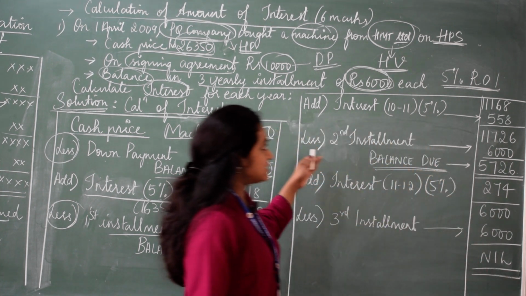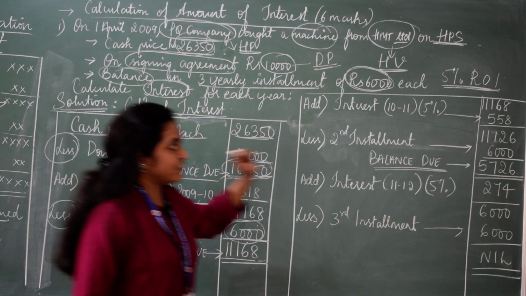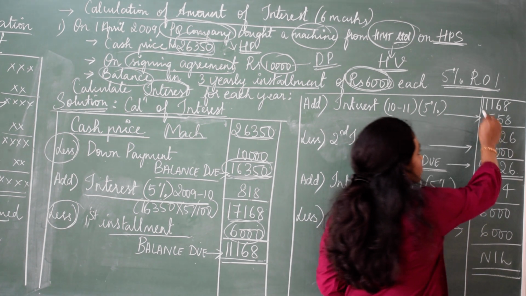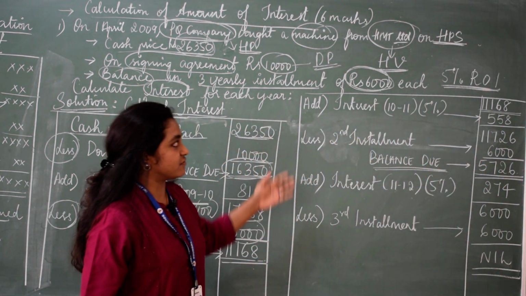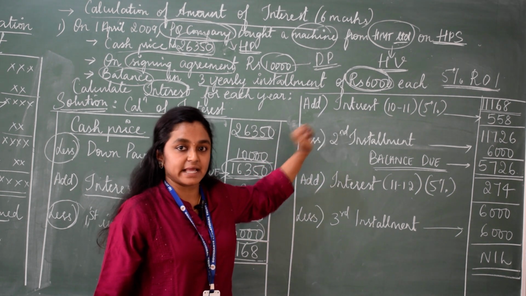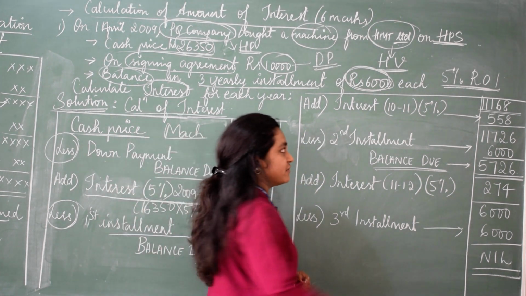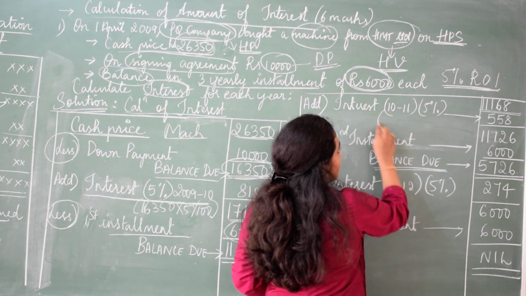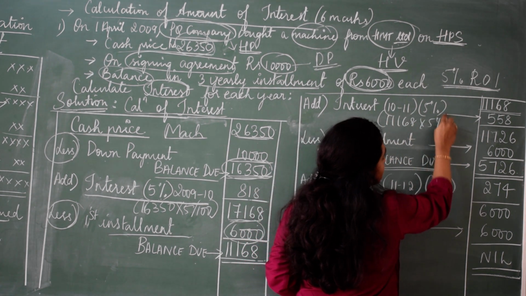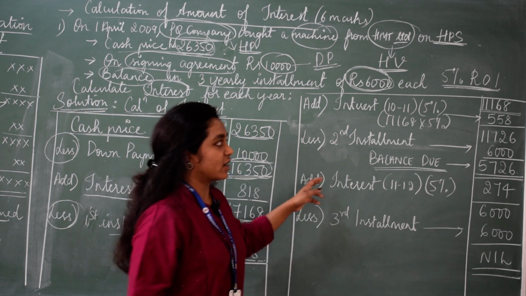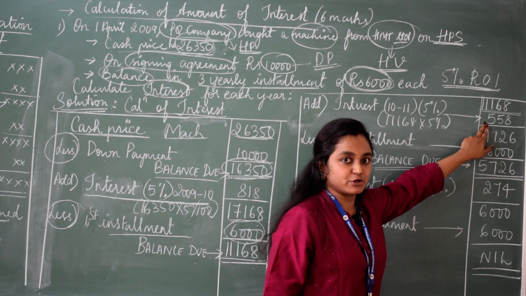Now coming to the second year, the balance that we had was 11,168. With this, we have to again add the second year interest. For that, we take this balance due, 11,168, into 5% for the second year. That gives you 558 rupees interest.